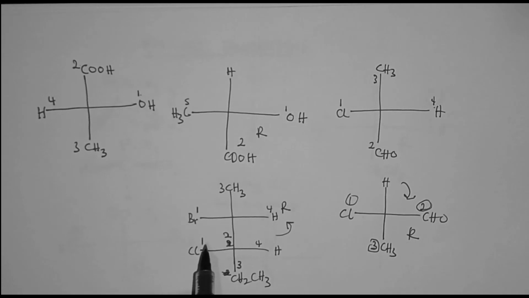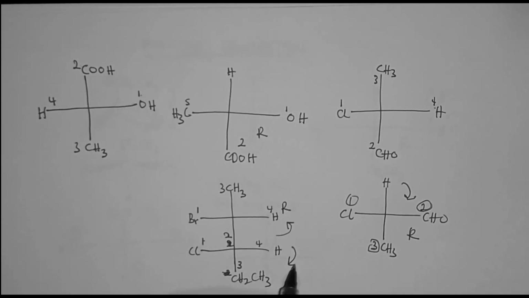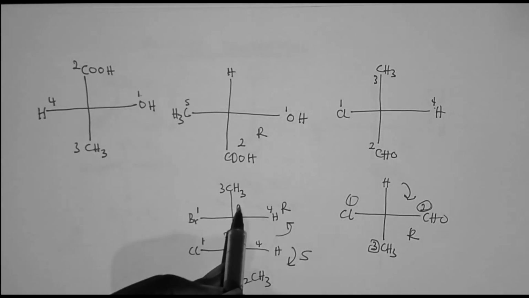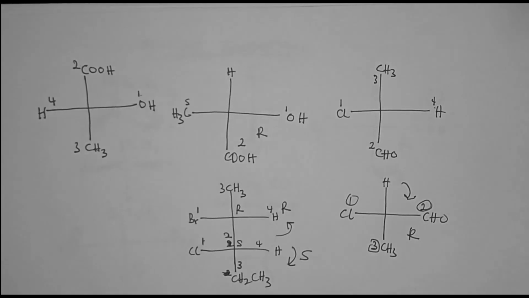So in this case, it is 1, 2, 3. It is going the clockwise direction. But the proton is not pointing away from us. It is rather pointing towards us. And therefore, instead of an R, we will negate the configuration, and then it will become an S. So here is an R, and this place is an S.